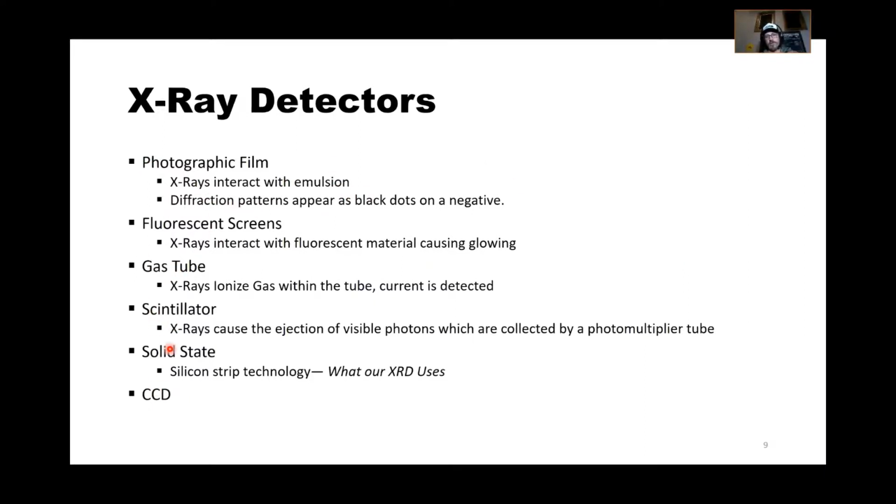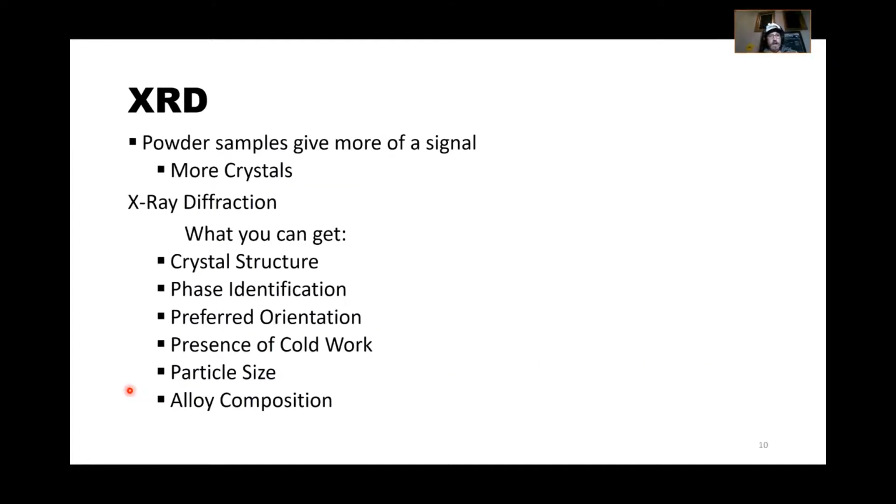Single crystal X-ray diffractometers are definitely spot pattern instruments. They're not spectroscopy instruments. But anything using a gas tube scintillator, solid state technology, or a CCD is using spectroscopy. Sorry.